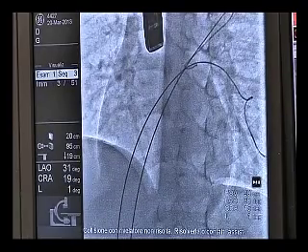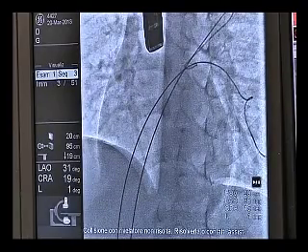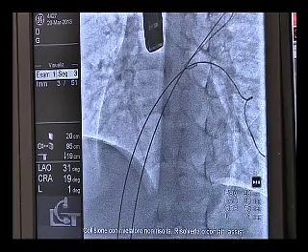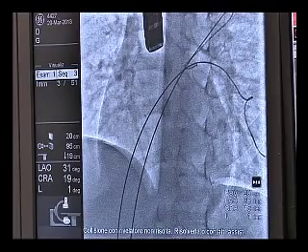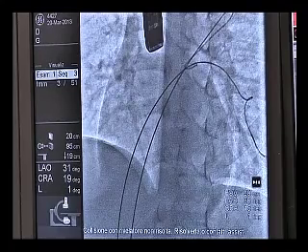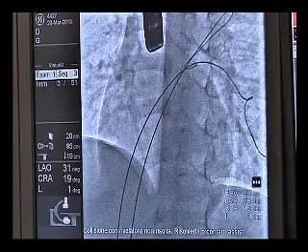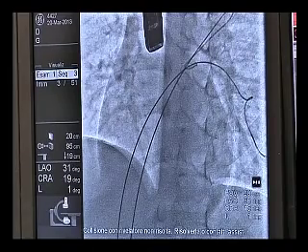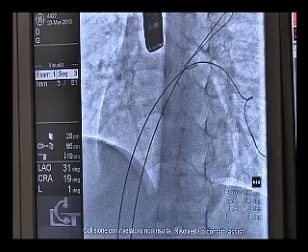Please go ahead. Do you think that this would be amenable to a single device closure as opposed to 2 devices? This is a fenestrated ASD. Would you use a fenestrated ASO device? We normally use, in this situation, two different devices because when we put a balloon inside the major one, we weren't able to close also the other ones.